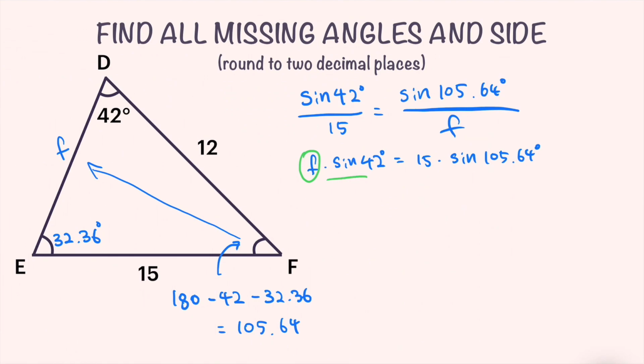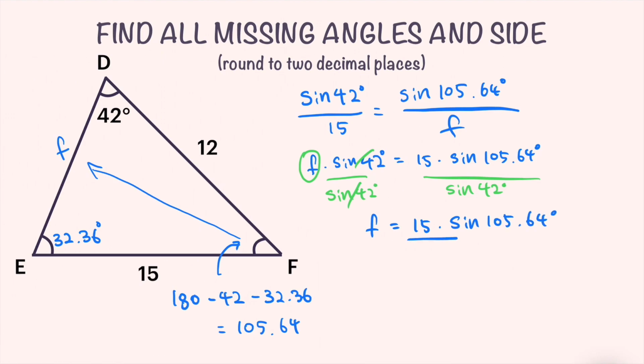What can we do to isolate our variable F? We can divide both sides by sine of 42 degree angle so that we can cancel these out. Then we have F is equal to 15 times sine of 105.64 degrees over sine of 42 degrees.